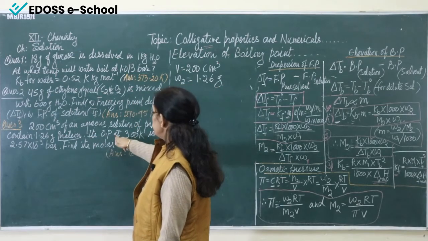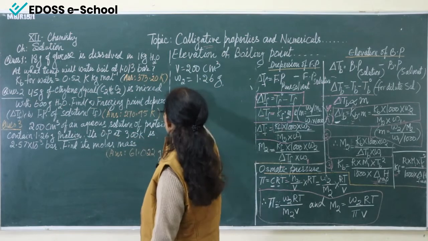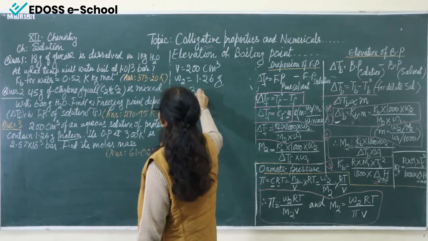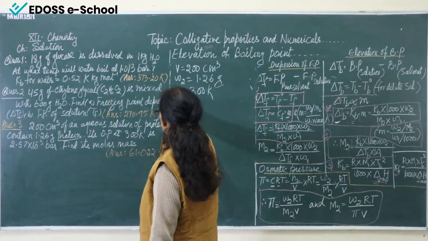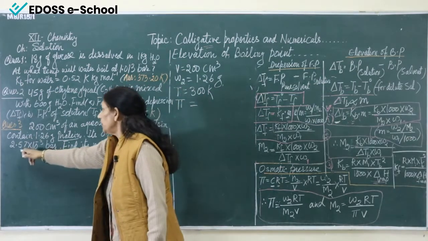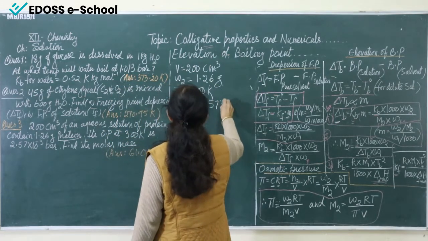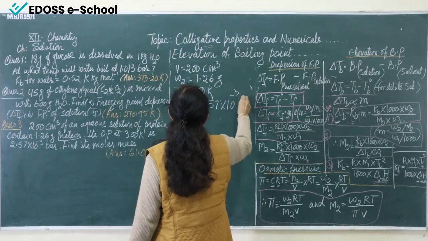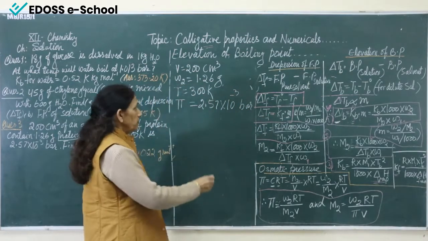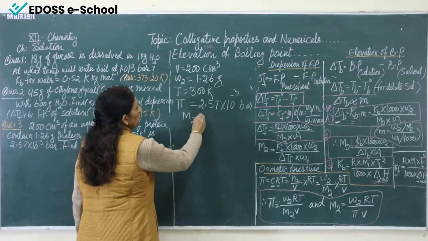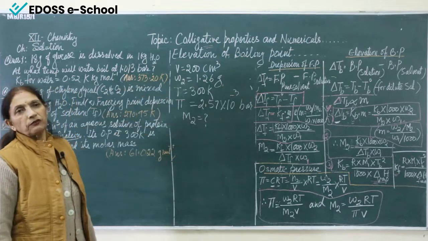Its osmotic pressure at 300 Kelvin: this is temperature, so T we can write 300 Kelvin. And osmotic pressure means pi. Pi is given to us as 2.57 into 10 raised to power minus 3 bar. And we have to find its molar mass, that means M2 we have to find out. So this is whatever is given in the numerical.